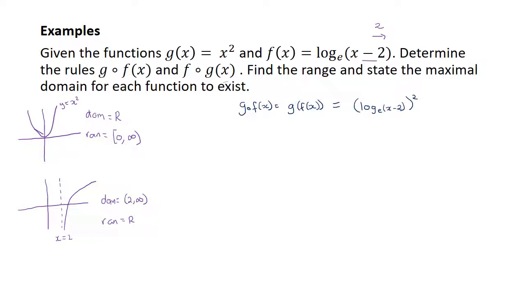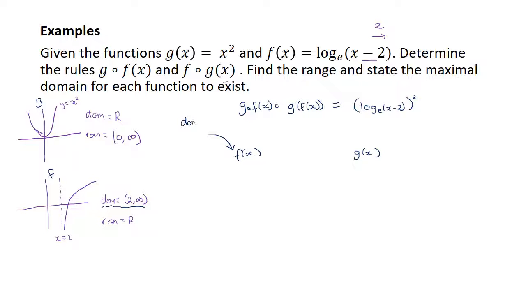So we start with our inside function, f of x in this case, and then we get on to g of x, our outside function. First we want to know, what do we put into f of x? Let me label them here so I don't forget. This is g and this one here is f. What goes into our f of x function is its domain.